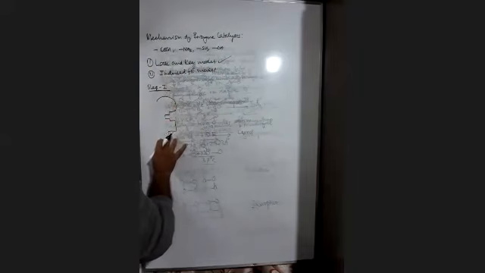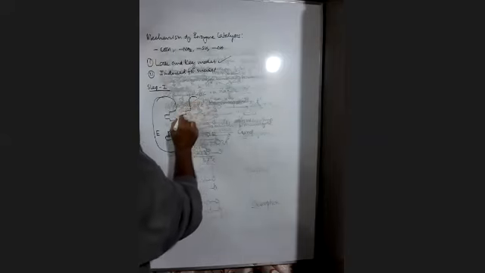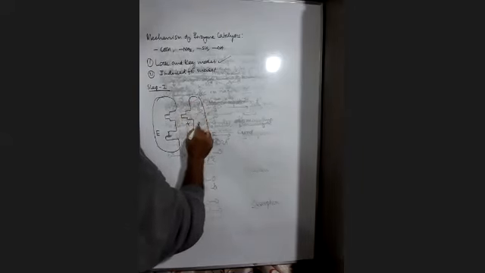Step one. Suppose this is the enzyme. I'm very bad in drawing. So this is the enzyme, and this is the reactant.